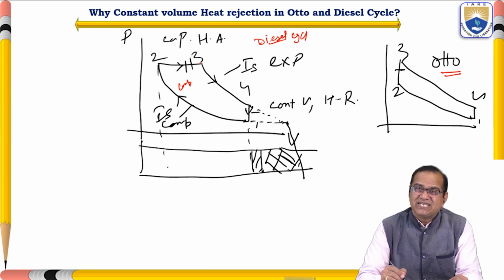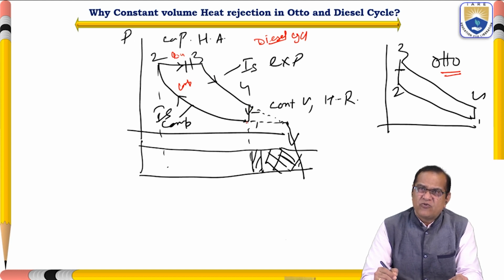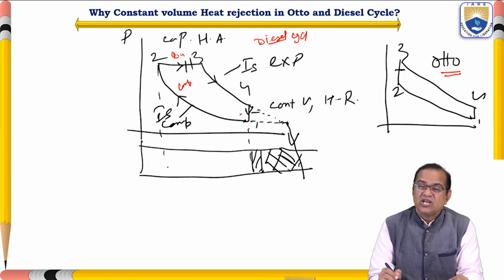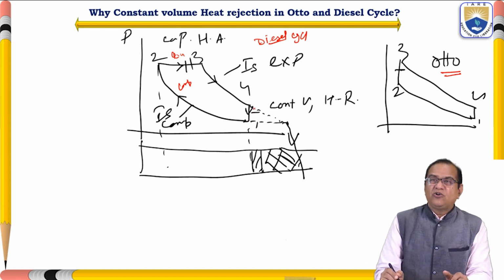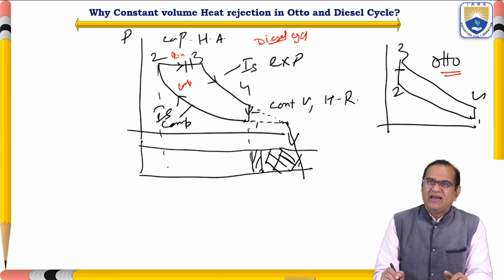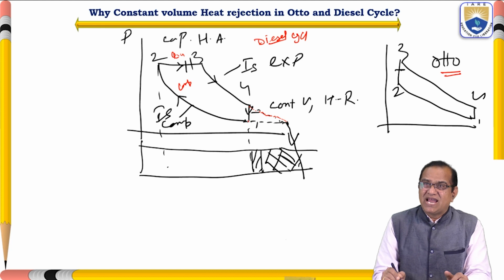Then 2 to 3 is heat addition, that is Q in. 3 to 4 is expansion and 4 to 1 is constant volume heat rejection. If I want to make a constant pressure heat rejection, then this expansion has to go from here to here in the same line, a straight line up to here.